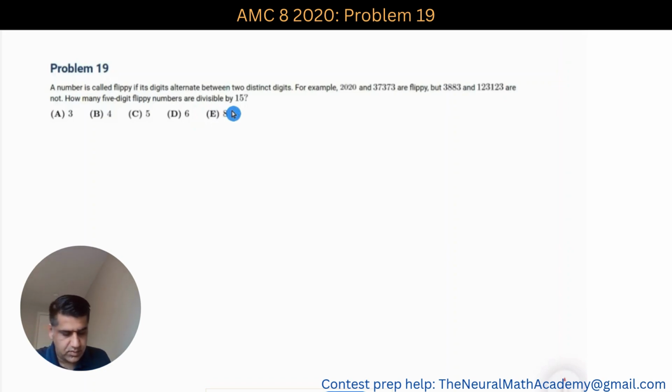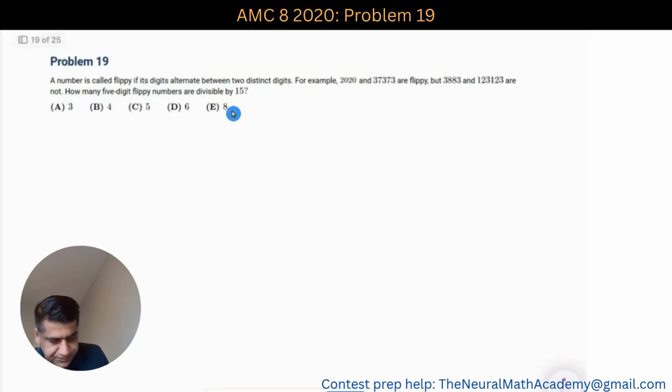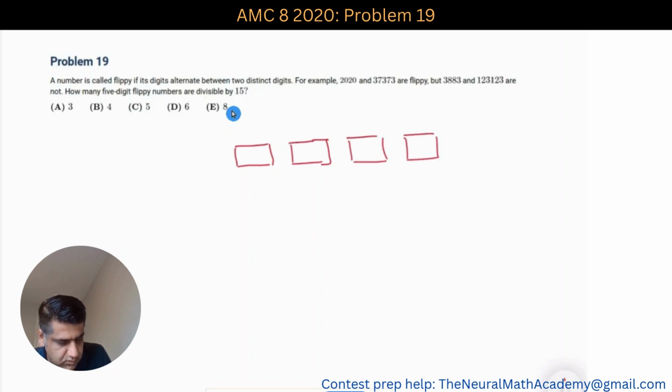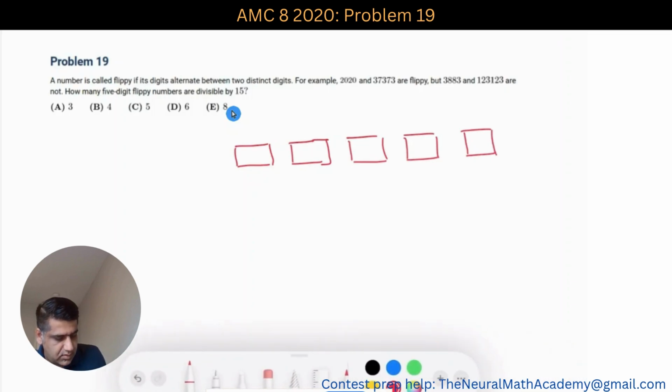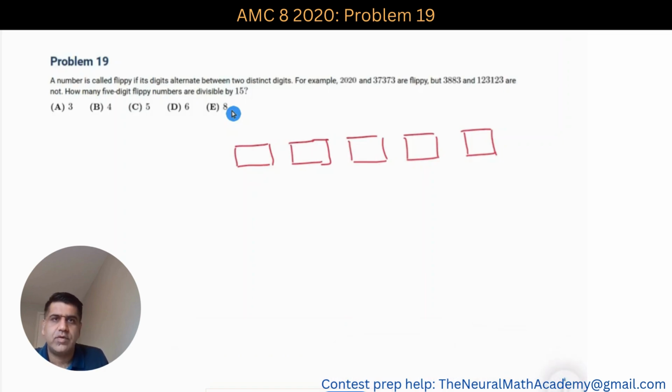So to solve this problem, first what we can do is make 5 spaces, one for each number, and now we can make a couple of observations based on the divisibility rules.